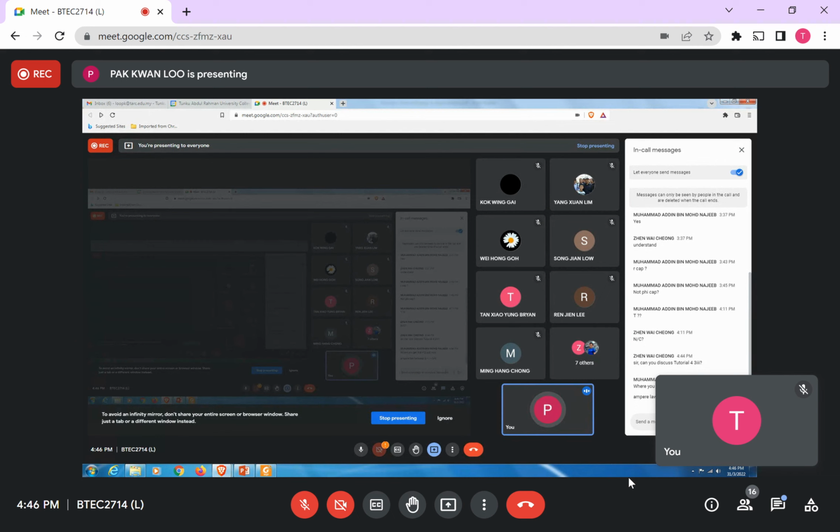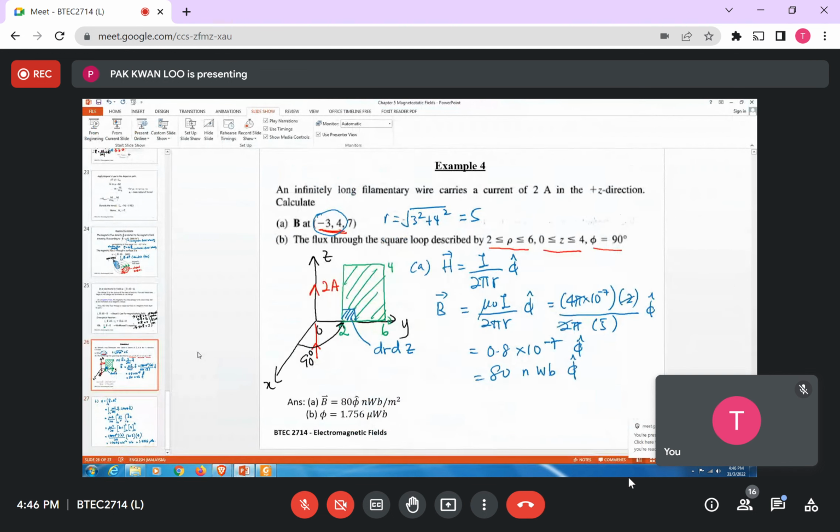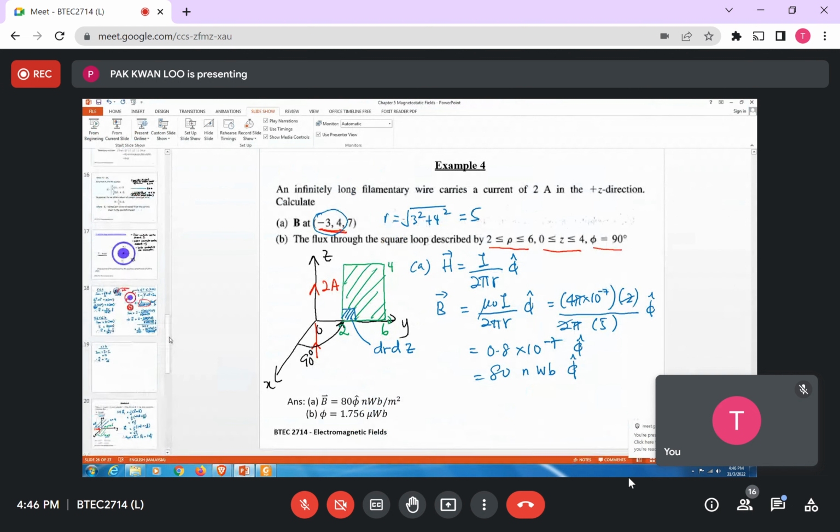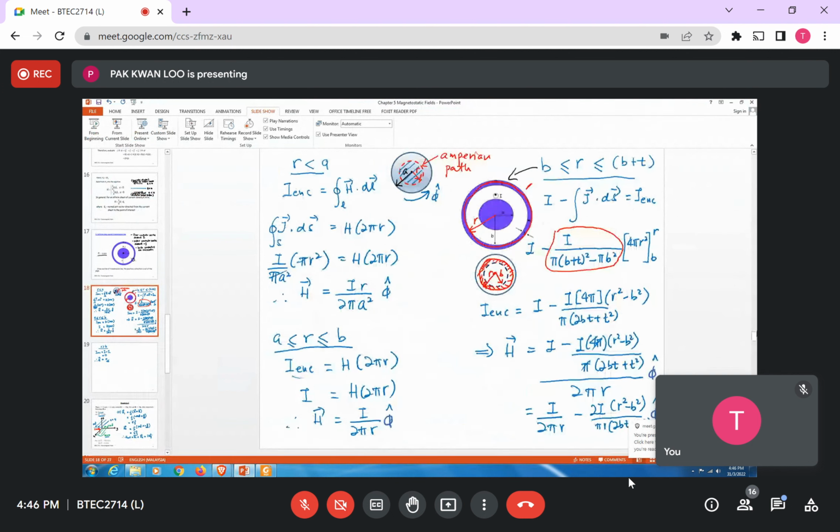The Ampere's law between B to B plus T. So this is not 4, right?